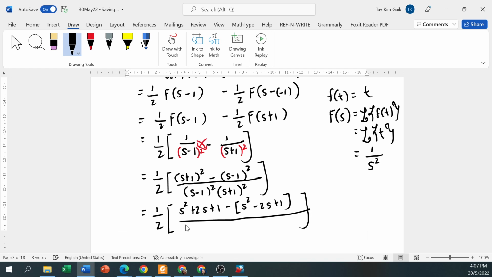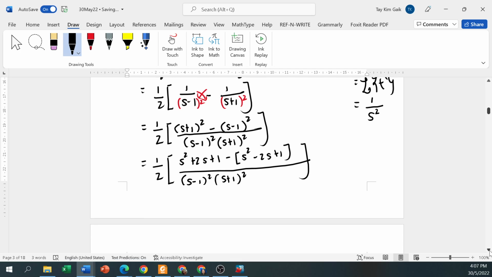I don't want to expand the denominator. Then s squared minus s squared cancel. 2s minus negative 2s, so total you got 4s.